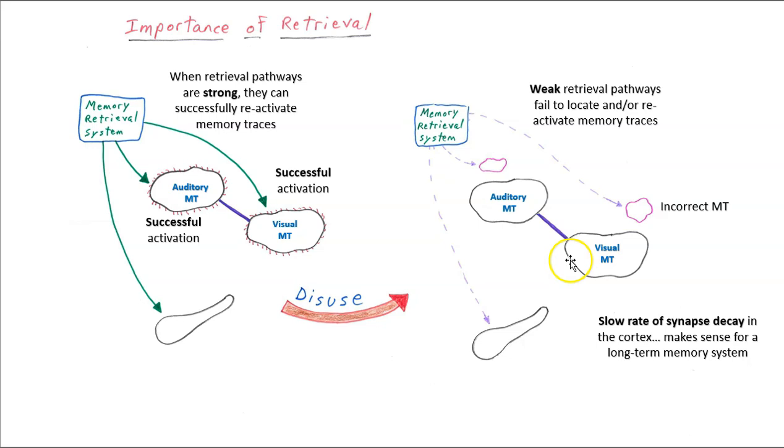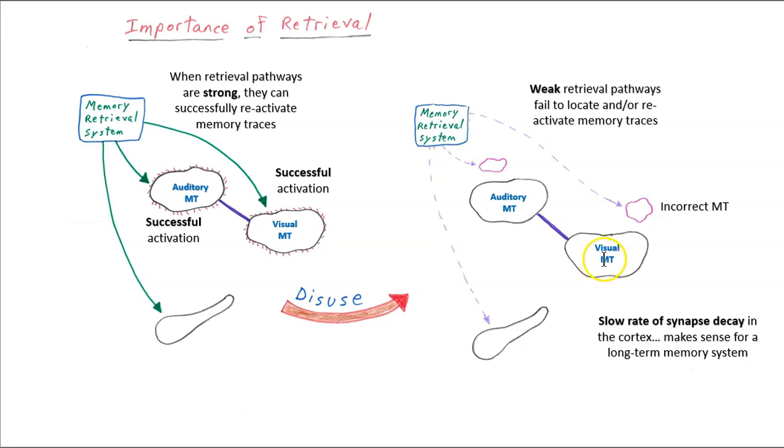In addition, we expect, theoretically, that the memory traces in the cortex are going to have a slow rate of synapse decay, right? And that makes sense for the long-term memory system. I mean, if the synapses in the cortex just kind of weaken over time, then we don't really have a long-term memory system. And we know that we do. We can learn things and remember things for a lifetime.